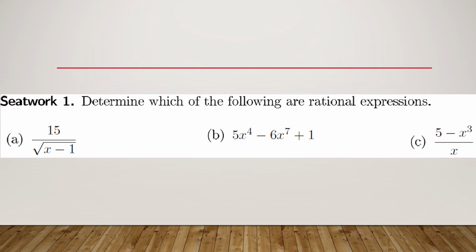So, for letter C, the numerator and the denominator are polynomial. So, what can we conclude based on what I have said? It is now up to you to answer this. You may take a screenshot or pause for a while so that you can determine which of the following are rational expressions.